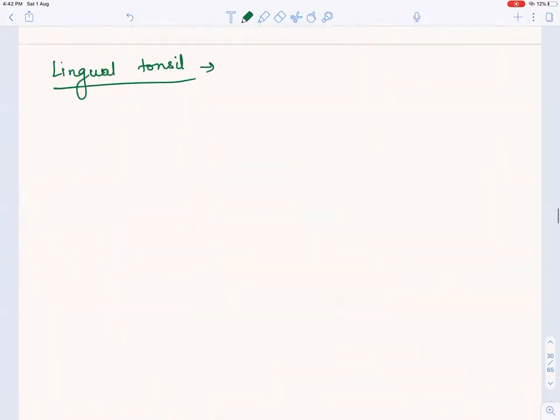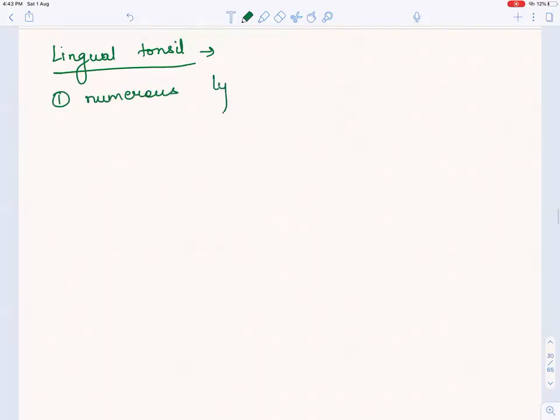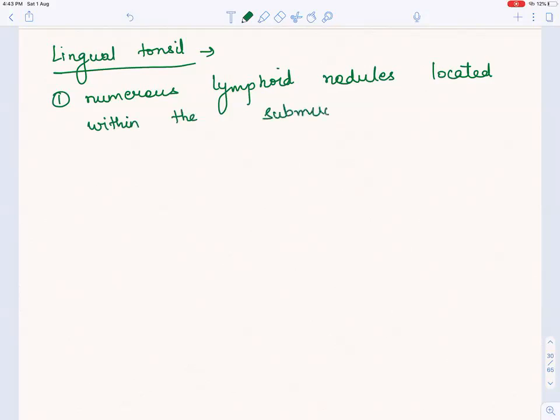Okay, so now let us see about the lingual tonsil. These are numerous lymphoid nodules which are located within the submucosa of the posterior third of the tongue.